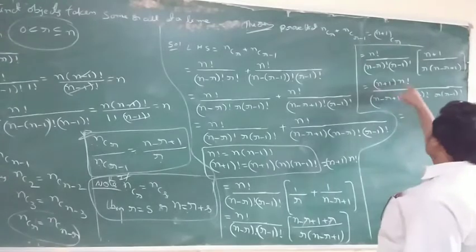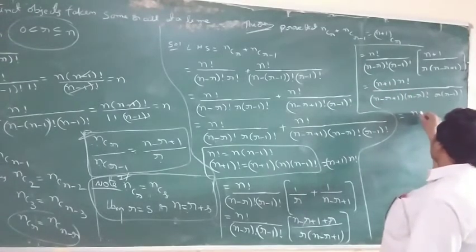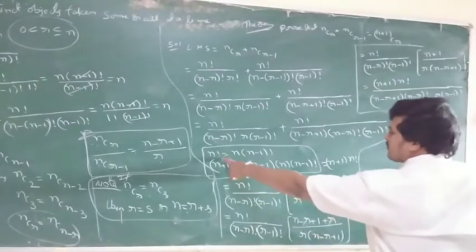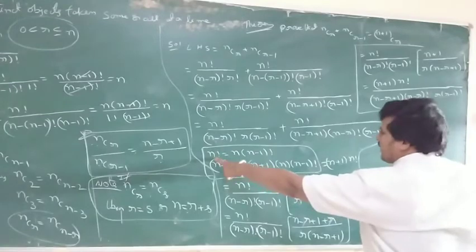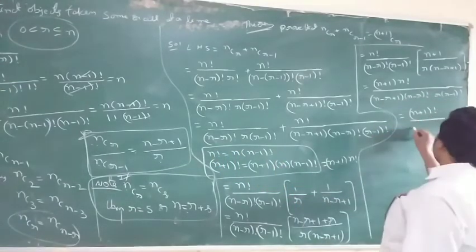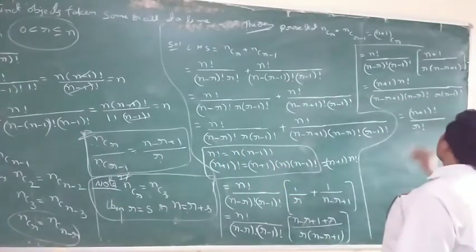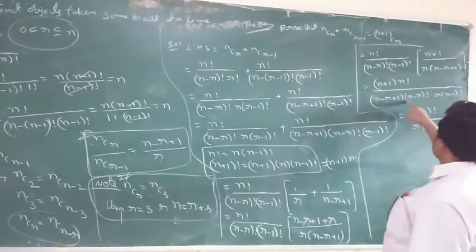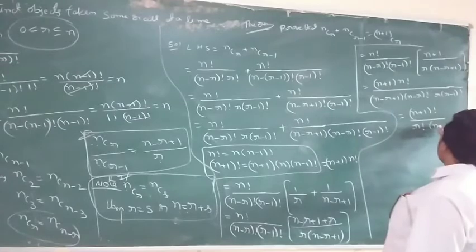So (n plus 1) into n factorial is (n plus 1) factorial, and r into (r minus 1) factorial is r factorial. And (n minus r plus 1) into (n minus r) factorial is equal to (n minus r plus 1) factorial.